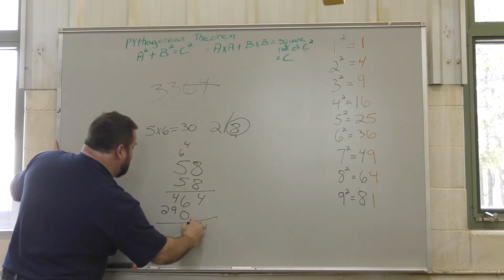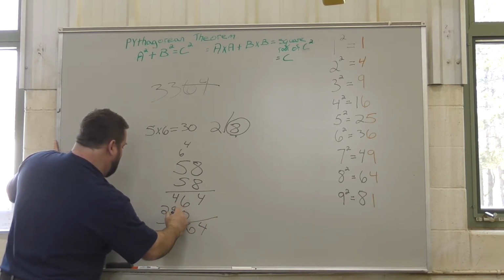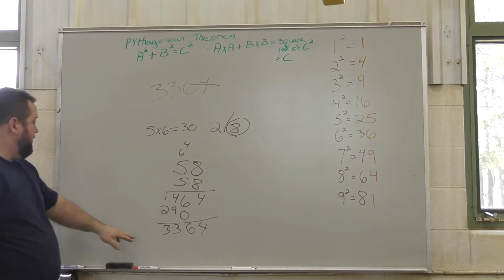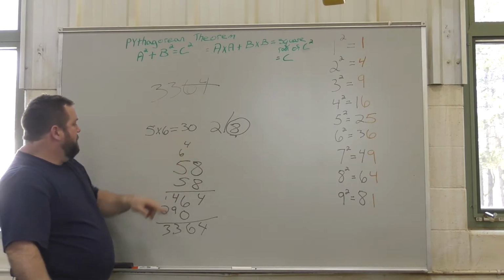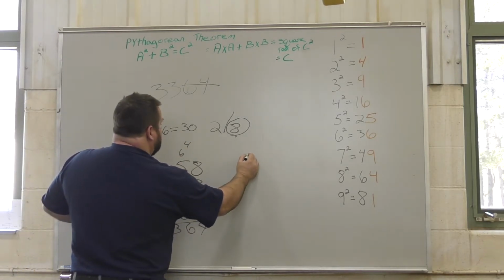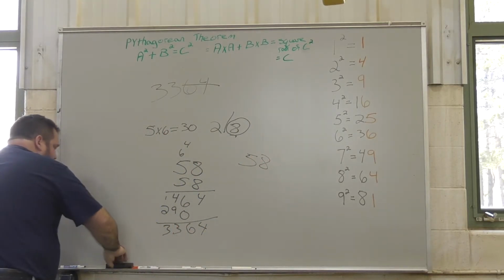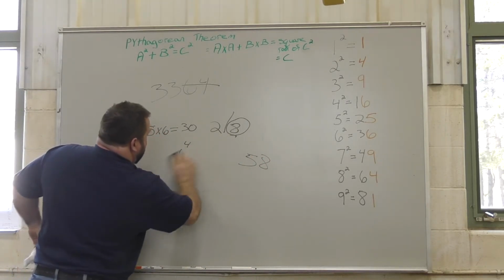Our answer is 3,364. So we know the square root of it is 58.